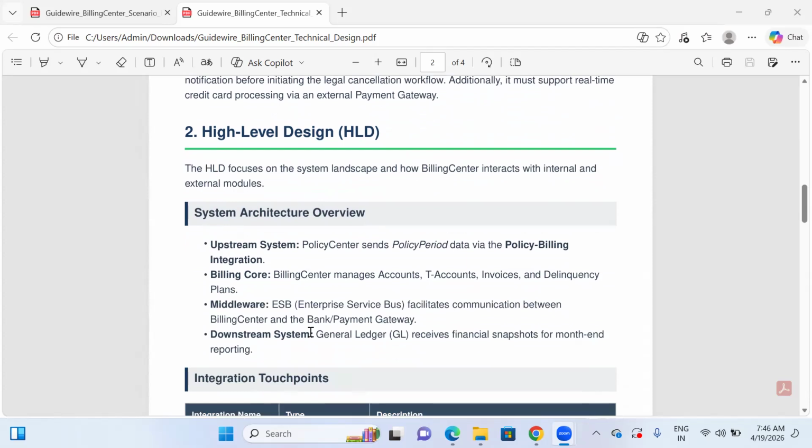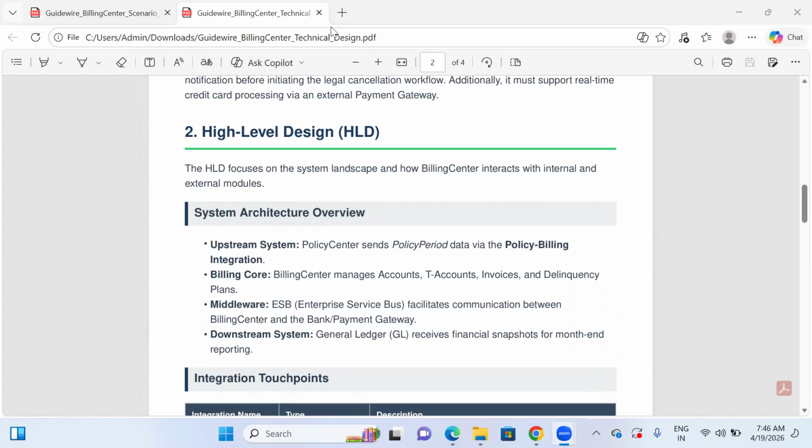The first is the upstream system, because when Policy Center sends policy period data to the billing system, we must have an integration between policy and billing. Second is billing core, because the Billing Center manages the accounts, T-accounts, invoices, delinquency plans, etc. This is all about the billing core.